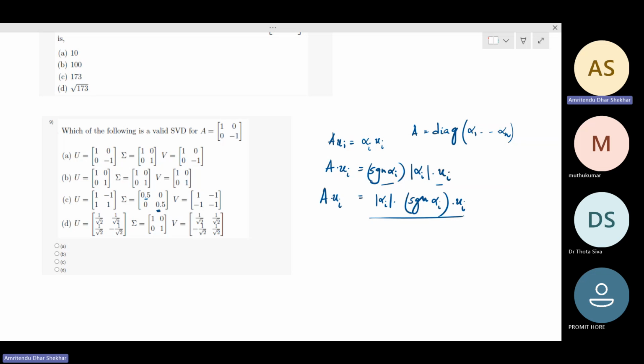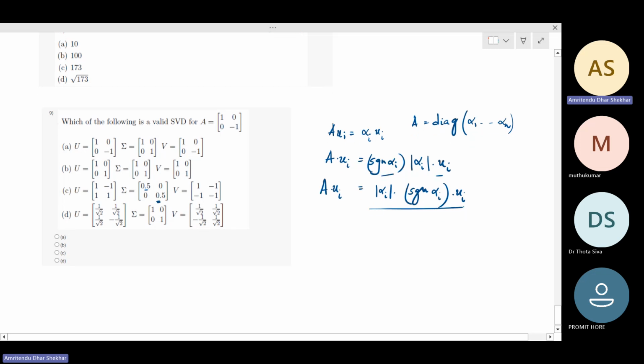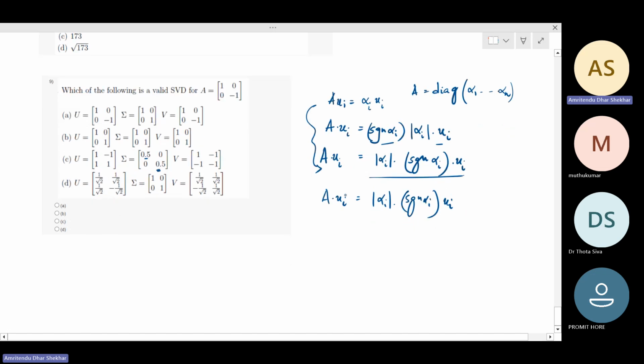The next thing, of course, is that this is one way to write this. The trick lies in this: if you have this diagonal matrix, you write A ui equal to alpha i times sign of alpha i times ui. Let's say the basis given to you is E1 and E2. So you have A E1 is equal to E1 and A E2 is equal to minus E2.